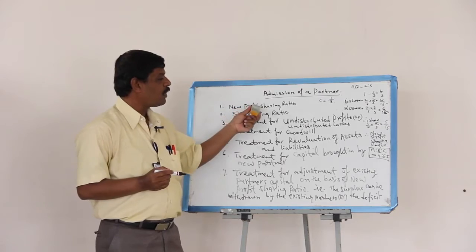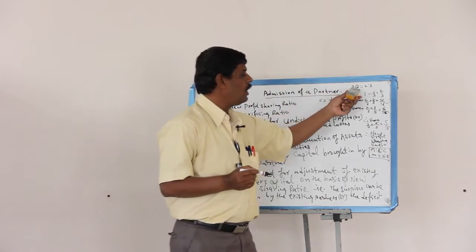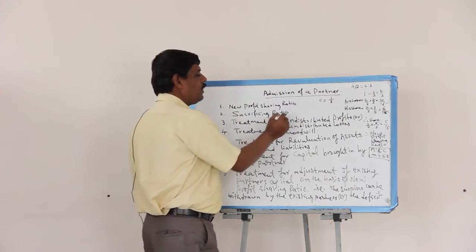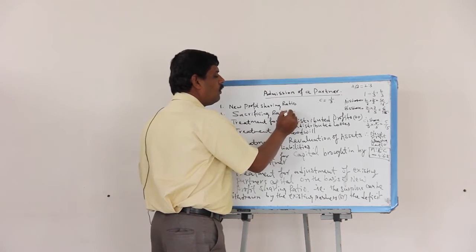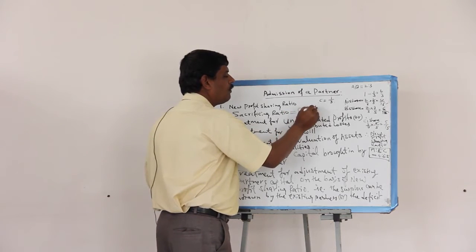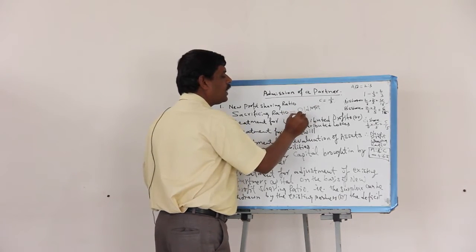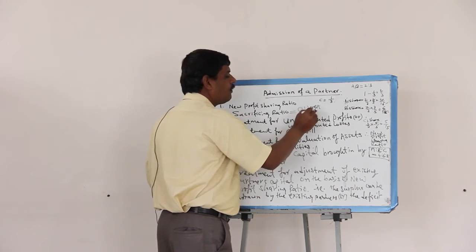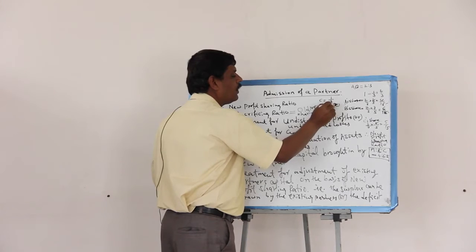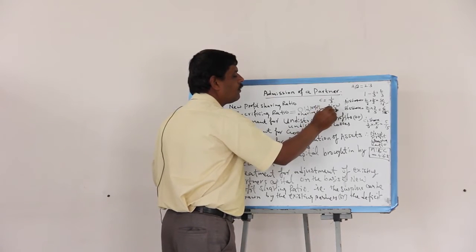Now based on this new profit sharing ratio and old ratio, we can calculate sacrificing ratio. Sacrificing ratio is equal to old profit sharing ratio minus new profit sharing ratio.